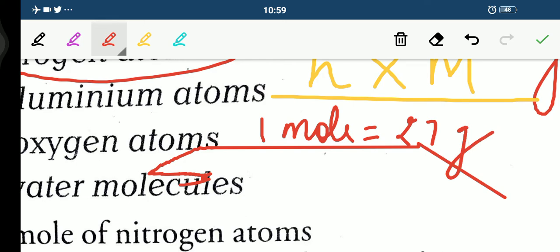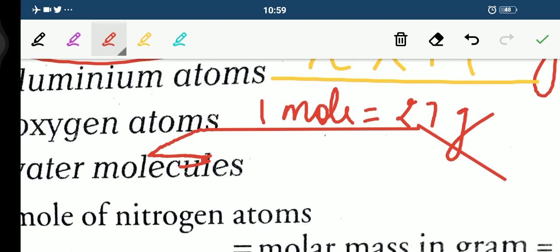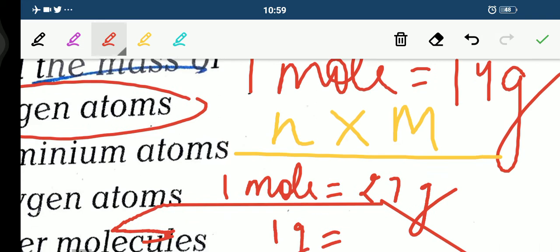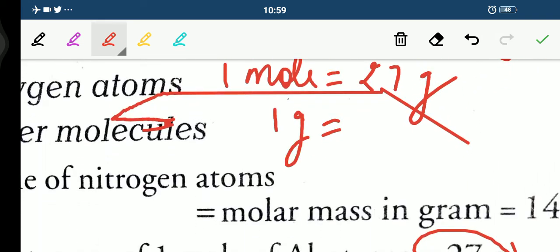Okay? Now what we need to calculate is for 1 gram, we need to find out the mass. So always remember this thing, the value that we need to find out will become your numerator. Fine. So here 27 upon 1.